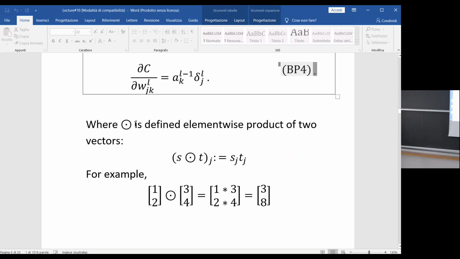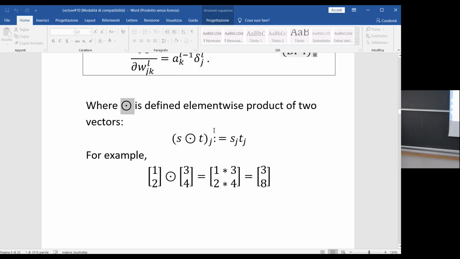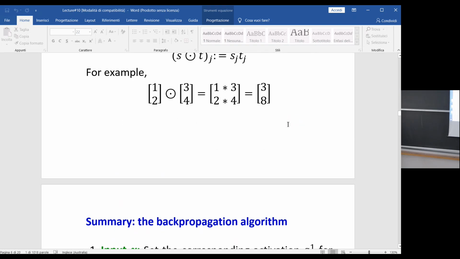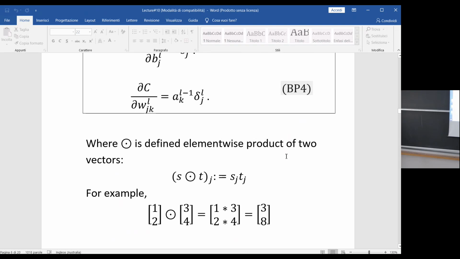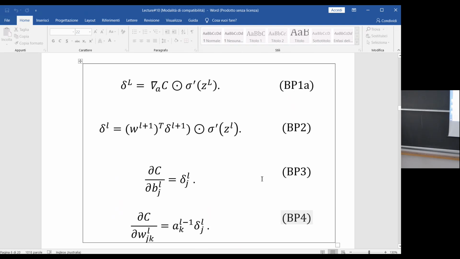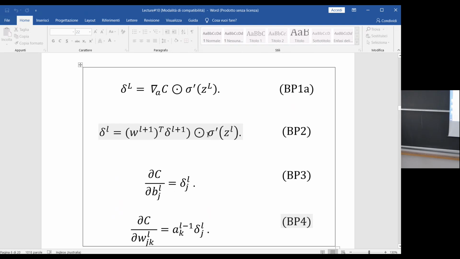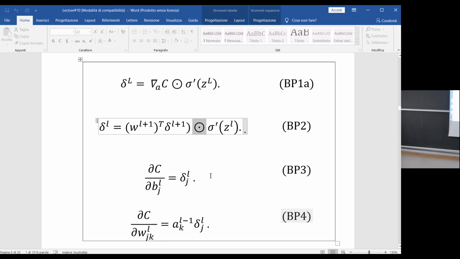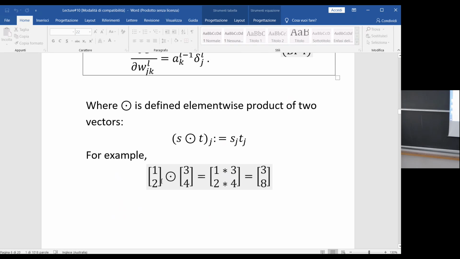Here the circle multiplication is defined as the element-wise product of 2 vectors. So the corresponding components will be multiplied.